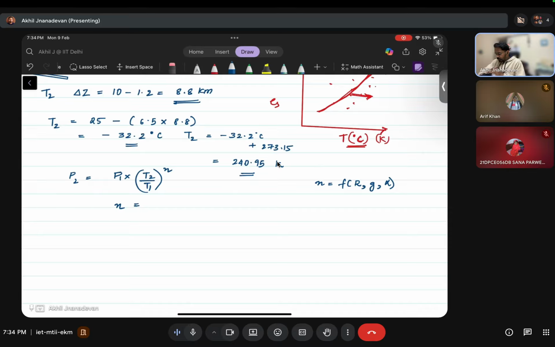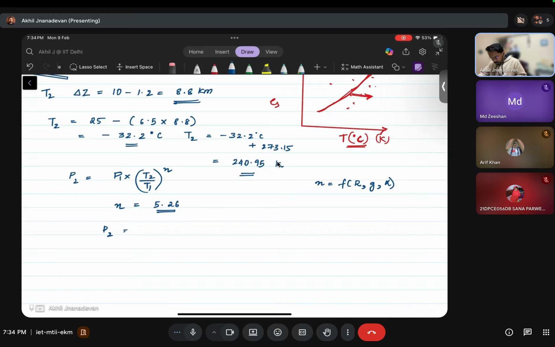As there is limited time, I'm going a bit quickly. P1 we already know is 90, and T2 by T1, the ratio, will be 0.808. I'll be sharing the notes with you, so just be with me when I explain.